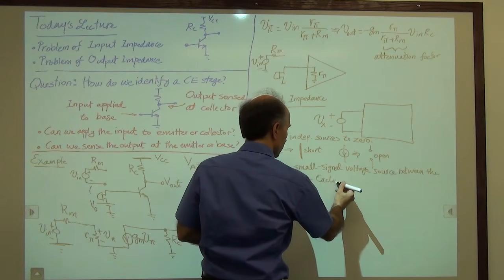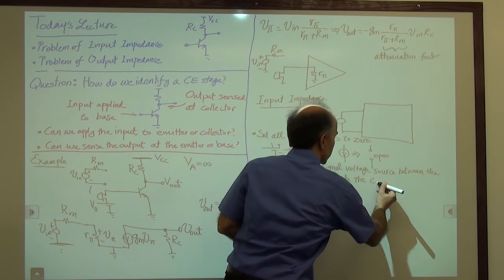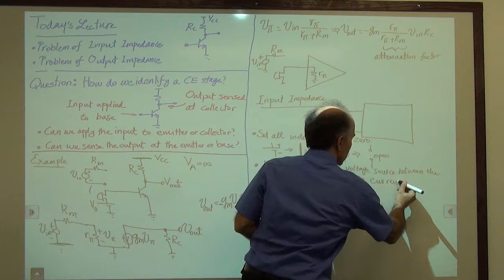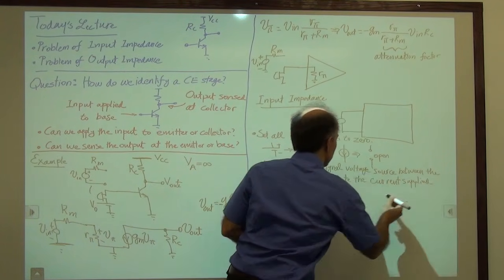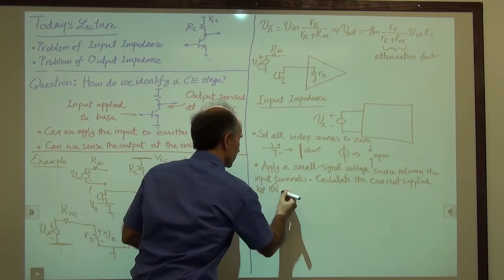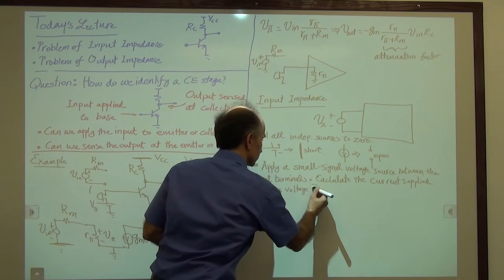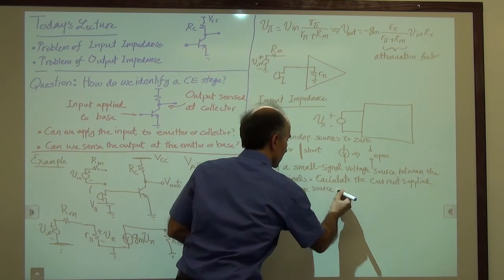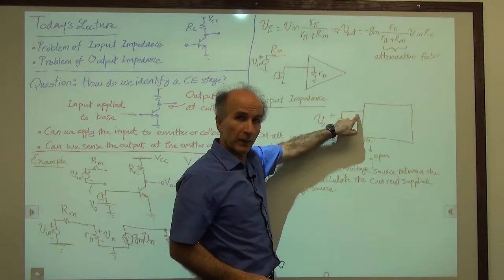Calculate the current supplied by this voltage source. So it is likely that when we apply this voltage source here, there will be a current here.